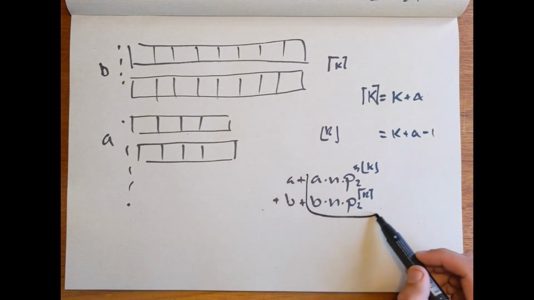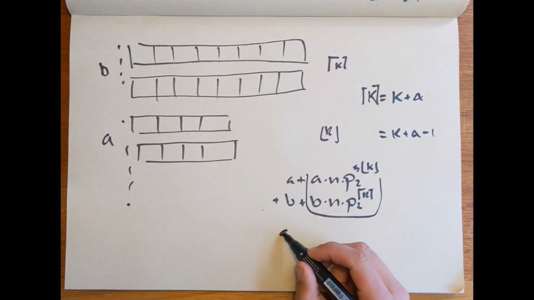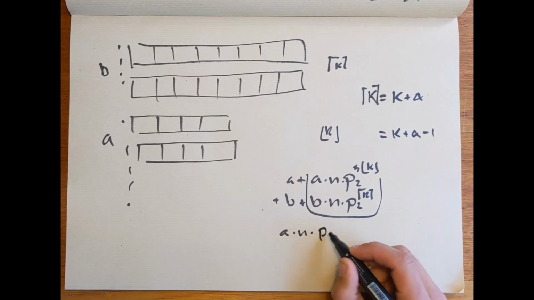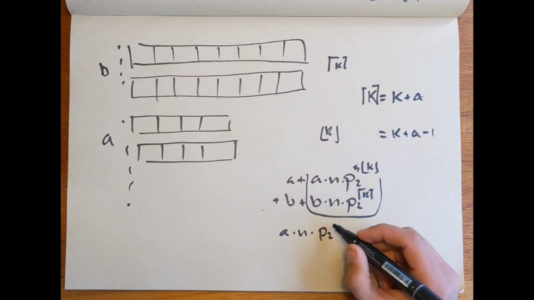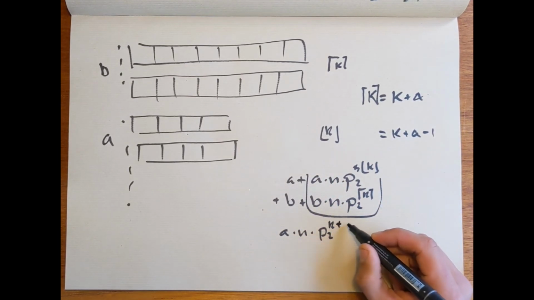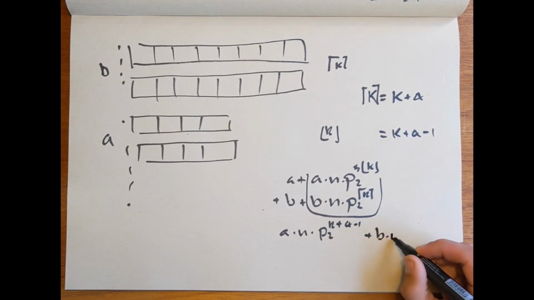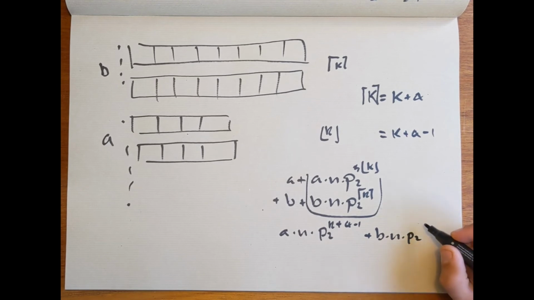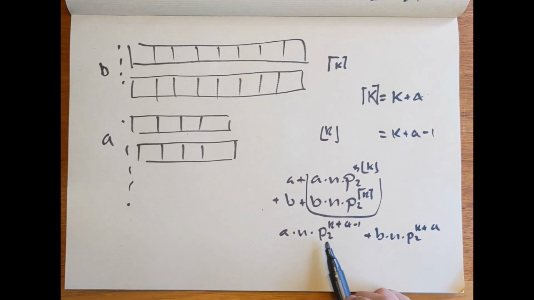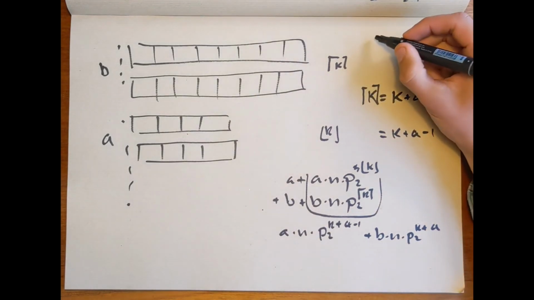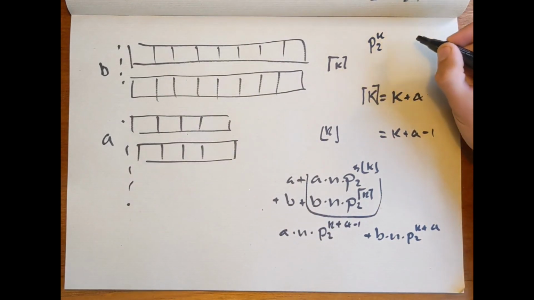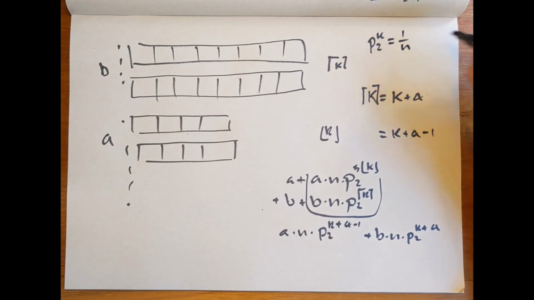If we look at this part in particular, we can say A times N times p2 to the k rounded down, that is k plus alpha minus 1, plus B times N times p2 to the k plus alpha. And now, since we know from the definition before, remember p2 to the k is equal to 1 over n.